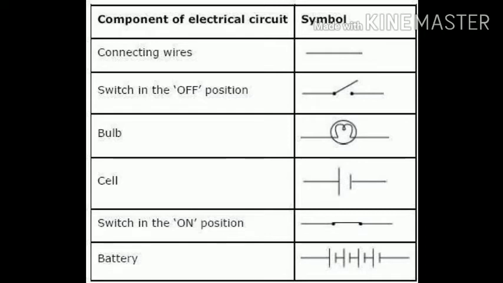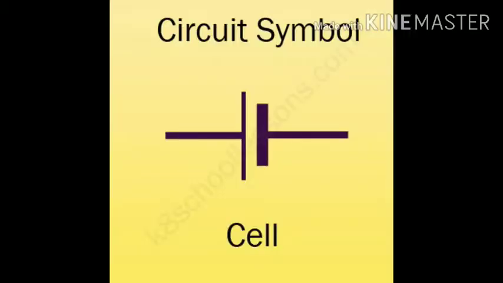For drawing a circuit diagram, we can use many symbols. Now let us see the various symbols which are used in an electric circuit. The very simple component of an electric circuit is a cell or battery. Cell means we can't say cell as battery. Okay. So how will you represent a cell?